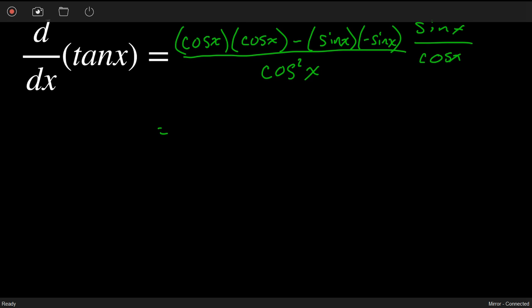All right, so that's going to give us cosine squared plus sine squared x over cosine squared x.